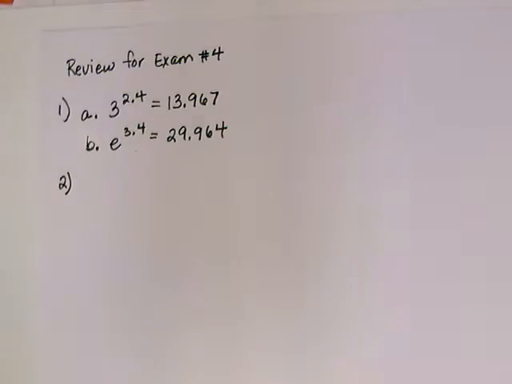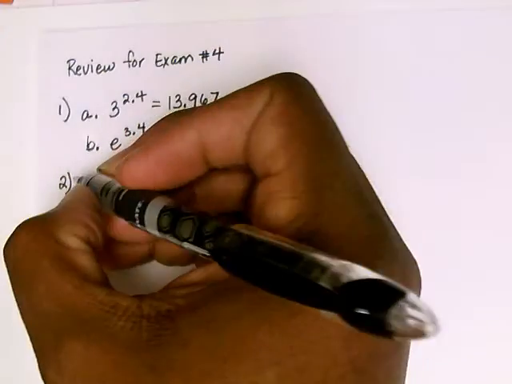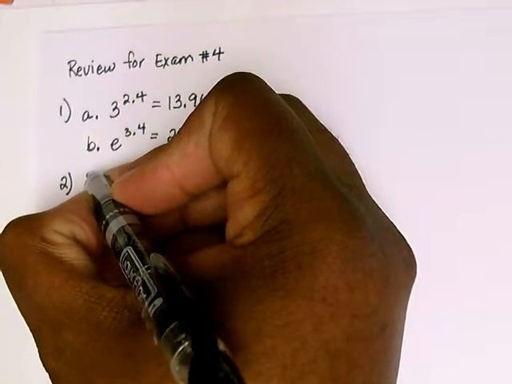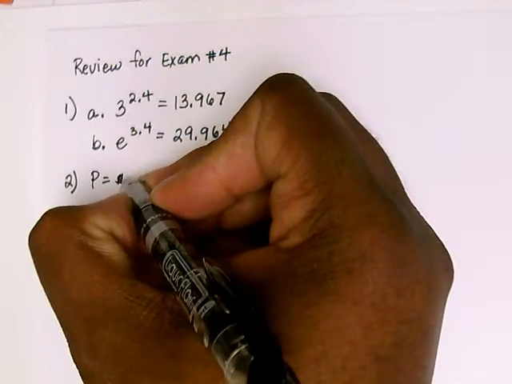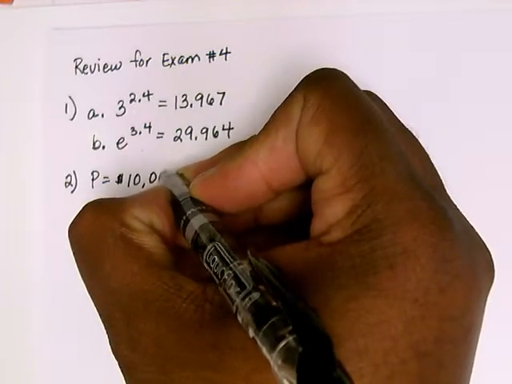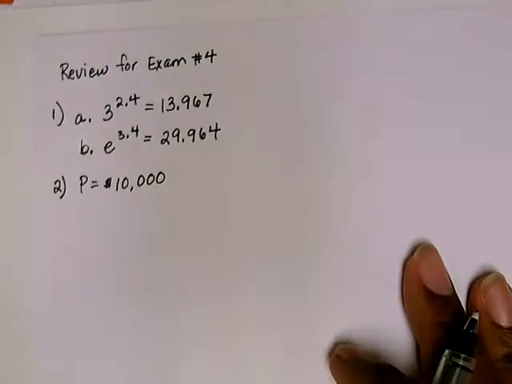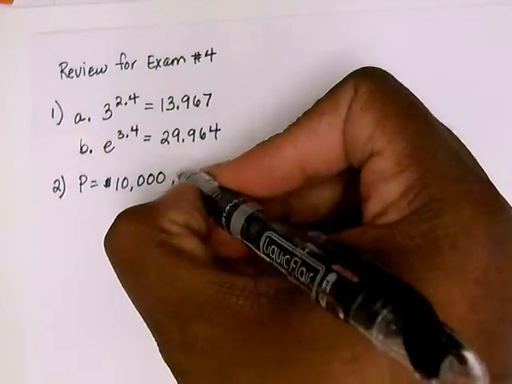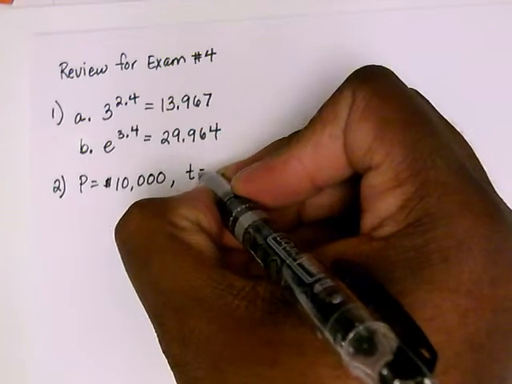Okay, now let's identify what we already have in that particular problem here. Alright, in this case here, we have an investment of $10,000, so that's going to be the principal, or what P is, $10,000. For 5 years, that's the time.